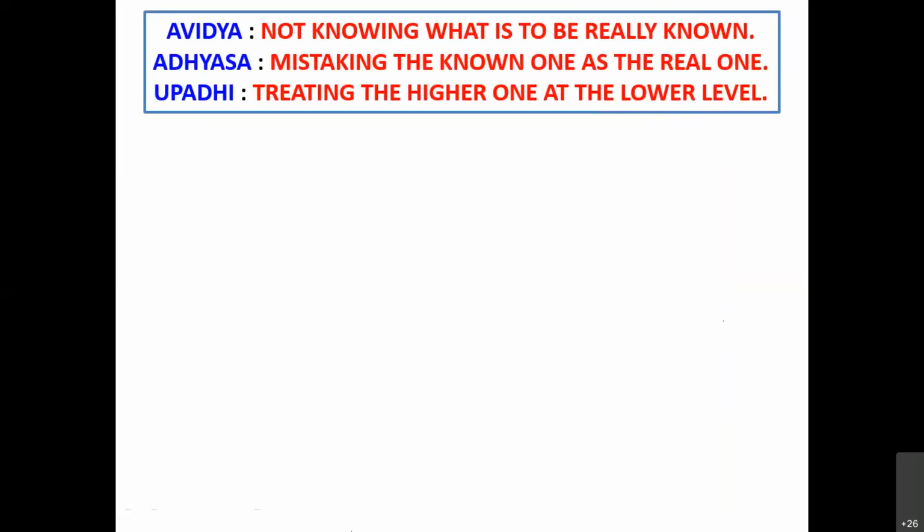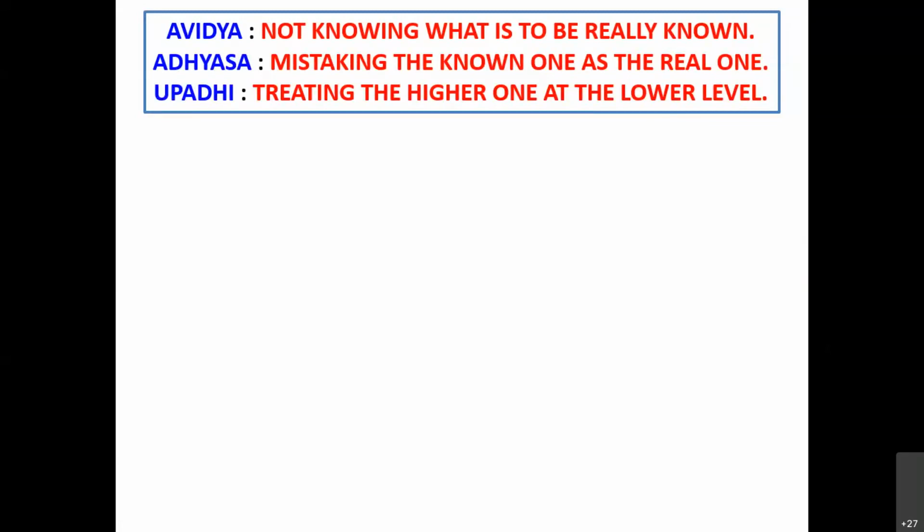Now, upadhi is treating the higher one at the lower level. Actually, soul is at the higher level, body is at the lower level. But treating the body as a higher level and not worrying much about soul, not trying to understand much about soul, not trying to know about the self.